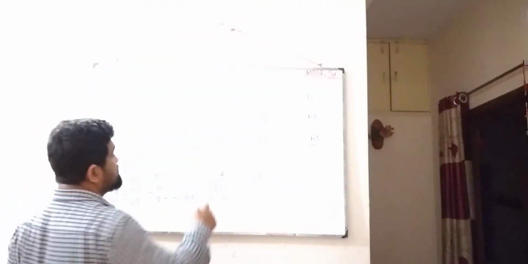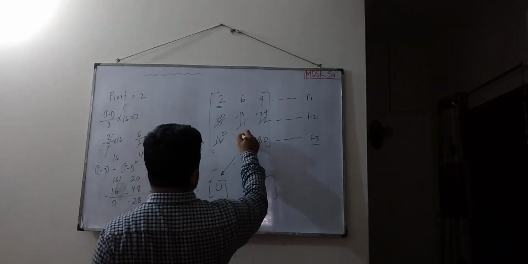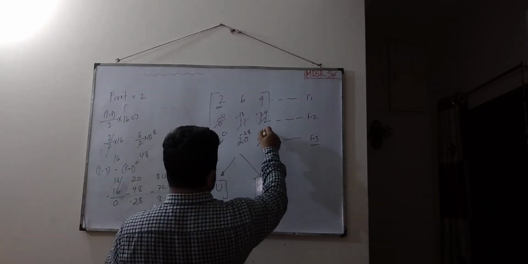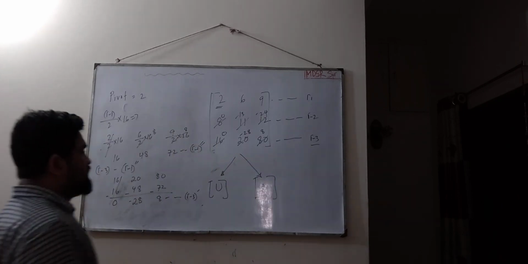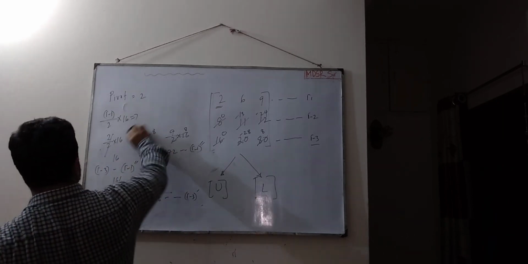So this one becoming 0, 20 became minus 28, and 80 became 8. So essentially, let me erase it out.